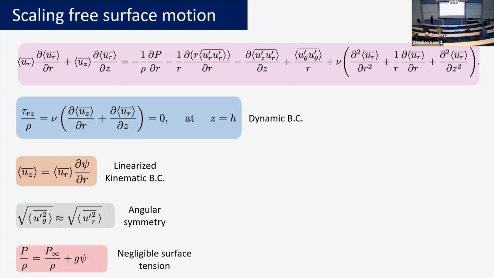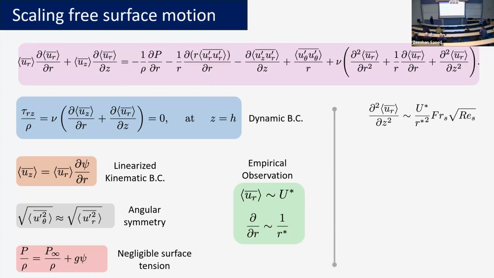I'm neglecting surface tension, and I'm just assuming that the pressure distribution is basically a distribution of how the perturbations are distributed at the free surface. And then it's basically an empirical observation that this velocity scales with this characteristic velocity, and the radial gradients should also scale with the radial distances or the characteristic length scale that I've identified.